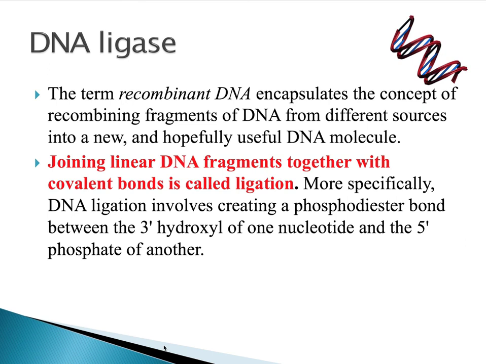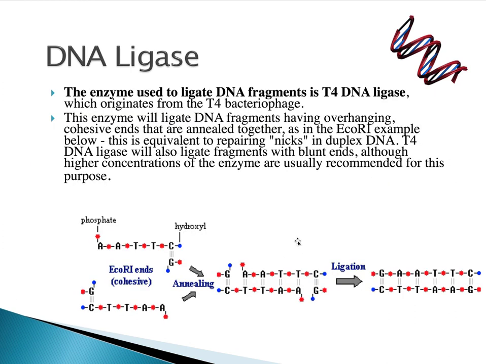The ligase, obviously we learned about ligase, very important in a lot of different reactions: replication, repair, even recombination. We know it joins linear DNA fragments together with covalent bonds. They obviously need a hydroxyl end, 3' hydroxyl, and a 5' phosphate end. So here's the reaction.